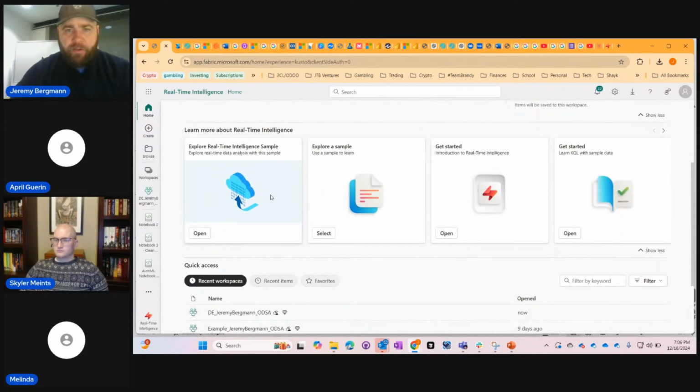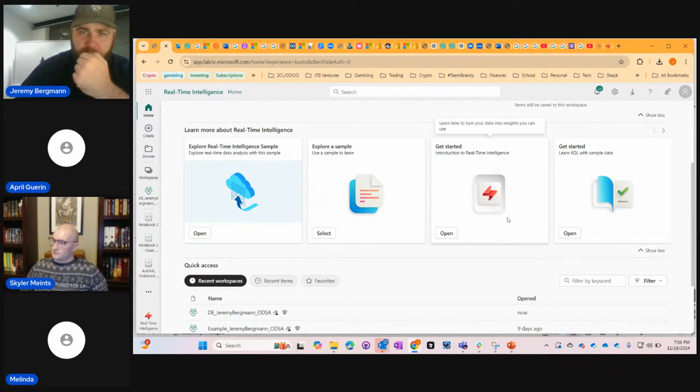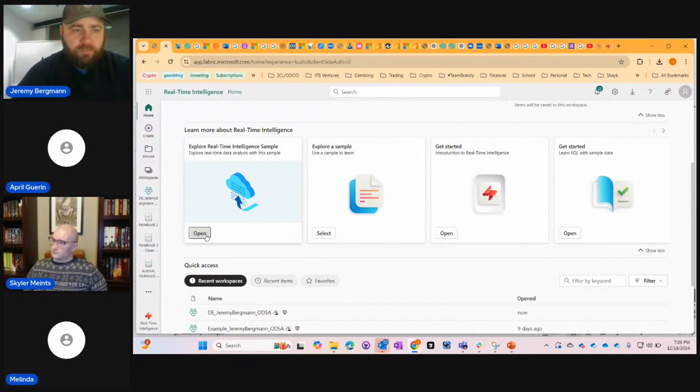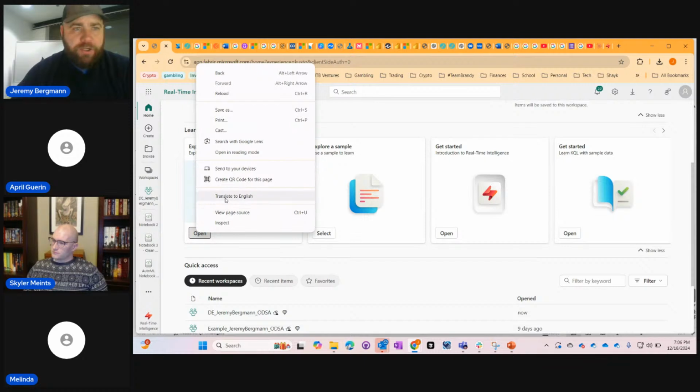They have various real-time intelligence samples. You can get started with KQL, get started with real-time intelligence. If I hit open, hopefully it will open. Be patient with it.